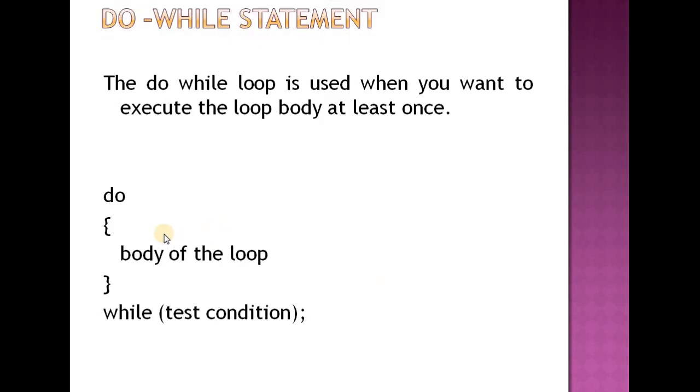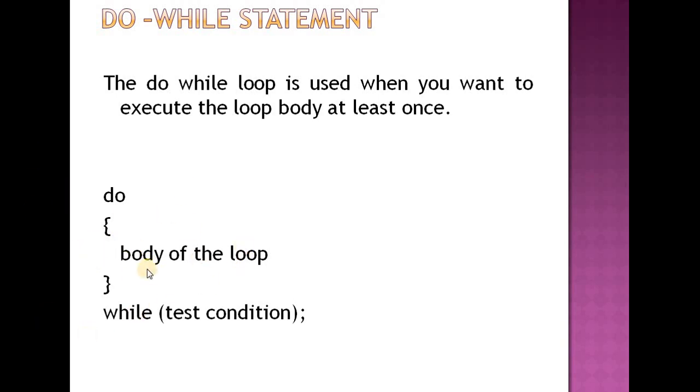On reaching the do statement, the program proceeds to evaluate the body of the loop first. So firstly do, then enter the body of the loop. This will get executed first. At the end of the loop, the test condition in the while statement is evaluated.